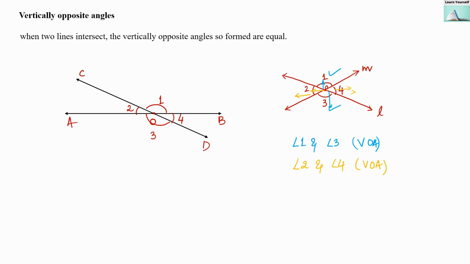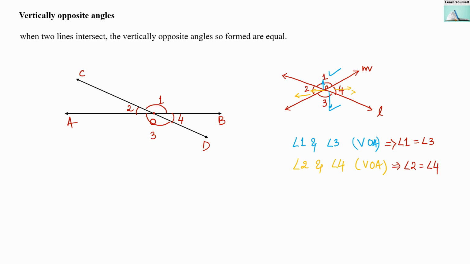Now the condition is that vertically opposite angles, angle 1 and angle 3, will be the same in measure, they will be equal. So angle 1 equals angle 3 and angle 2 equals angle 4. So they are the same in measure.